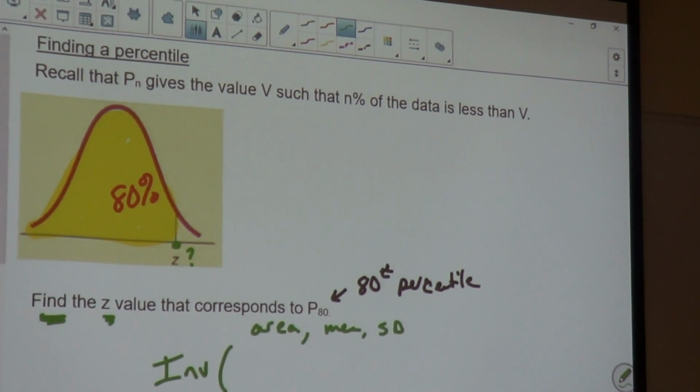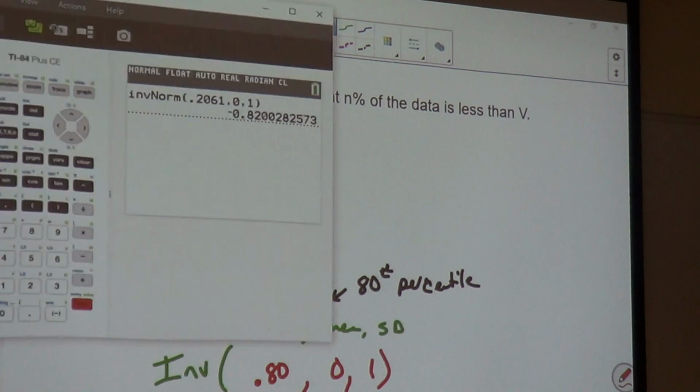What is my area going to be? 0.80. My mean is 0, my standard deviation is 1. So I am doing a second inverse: 80, 0, and 1.